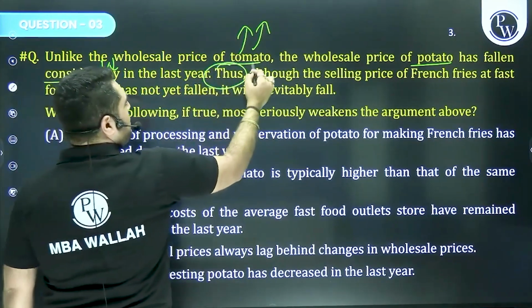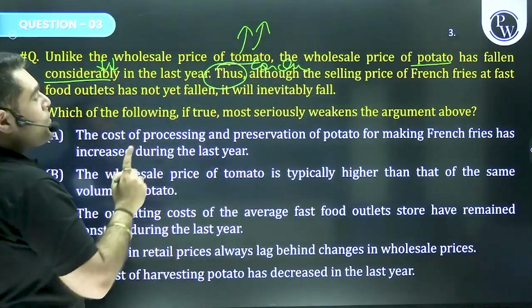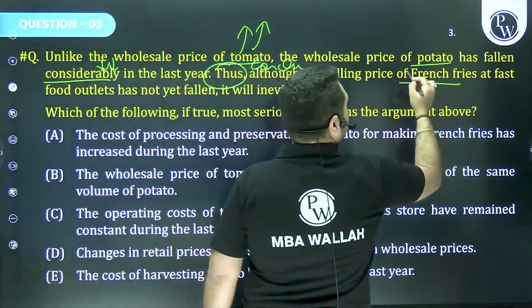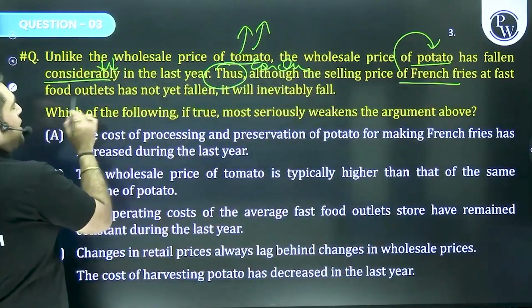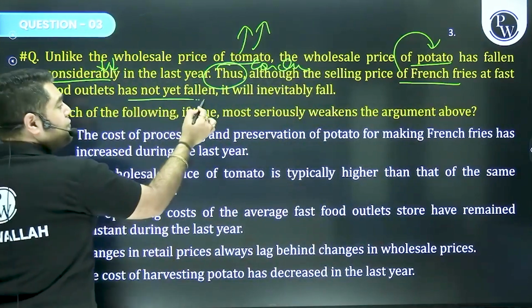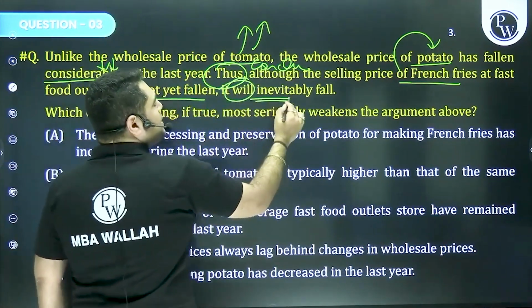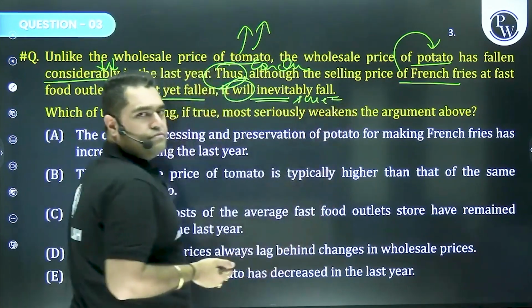Thus, here the author's conclusion is most important. Thus, although the selling price of French fries, because French fries is primarily potato, at fast food outlets has not yet fallen, it will inevitably, inevitably means for sure, fall.